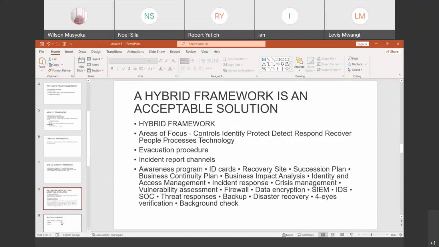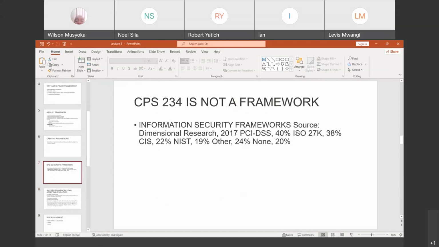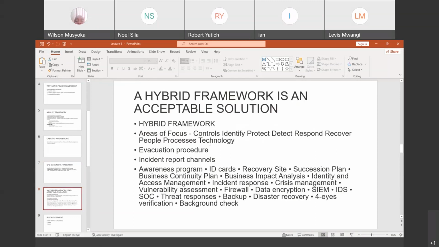So a hybrid framework is going to be an acceptable solution in that it's going to address the area of focus. Maybe you're going to combine the ISO standards together with NIST standards. Then you come up with a hybrid framework depending on your area of focus. Maybe you're looking at controlling identity protection and then detecting response, or covering people, processes, and technology, all of that.